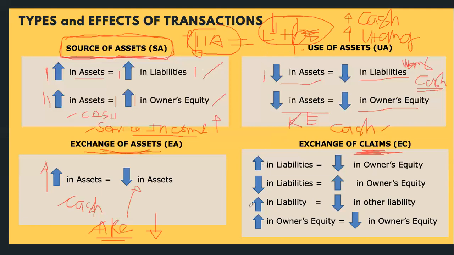Okay, next is increase in liability at the same time there's a decrease in other liability. So ni-increase ang isa ka liability pero ni-baba pod ang isa ka liability. Therefore, offset gihapon ang effect niya. So, pag ana, the type of transaction, exchange of claims. Kani, in owners, increase in owner's equity, tapos decrease in owner's equity in other owner's equity account.